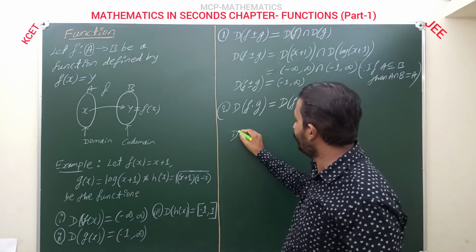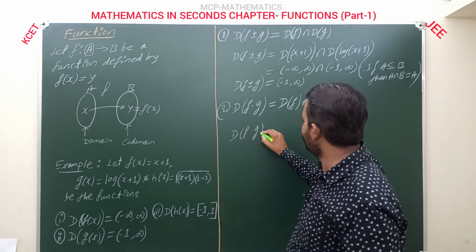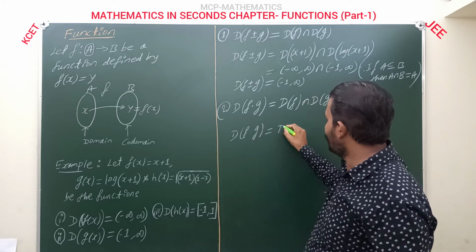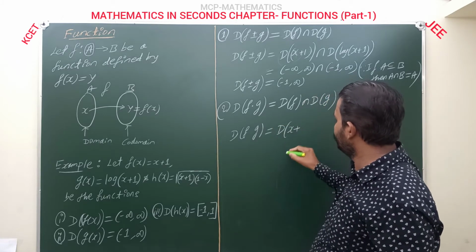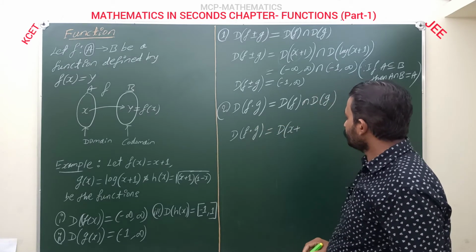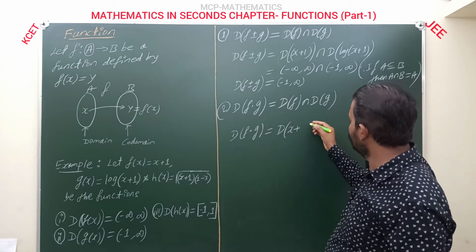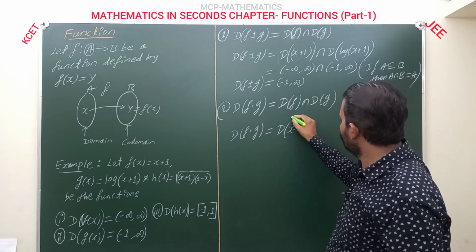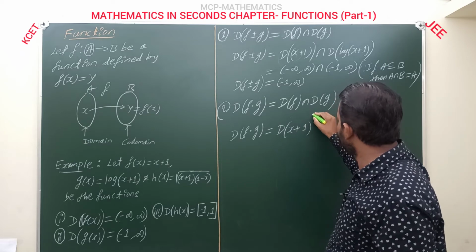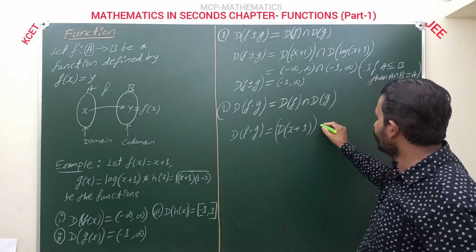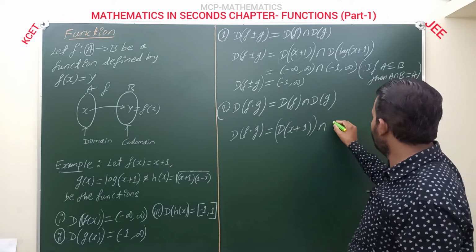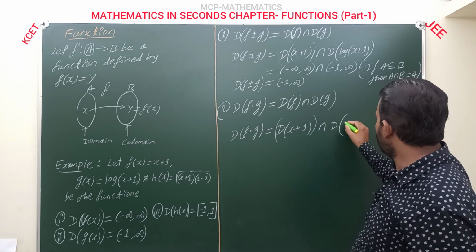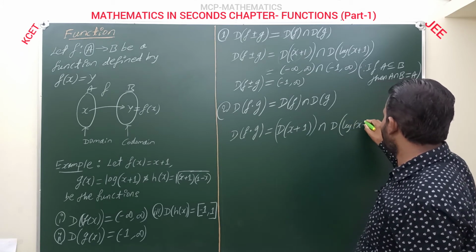So the domain of f into g is nothing but in this case the domain of x plus 1 into, intersection, the domain of g is what? The domain of log of x plus 1.